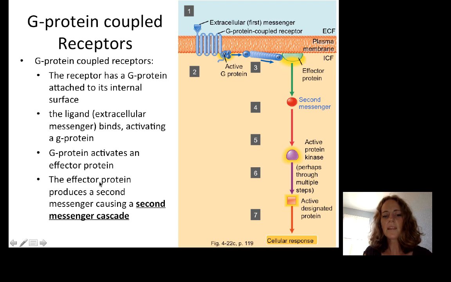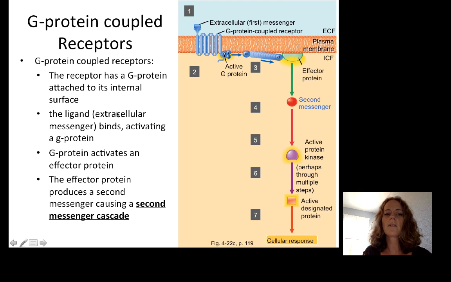Ultimately, it creates this cascade of changes, and because it goes through several other molecules, and in particular, some special molecules we call second messengers, we call these cascades. And because these second messenger molecules are important, we call them second messenger cascades.